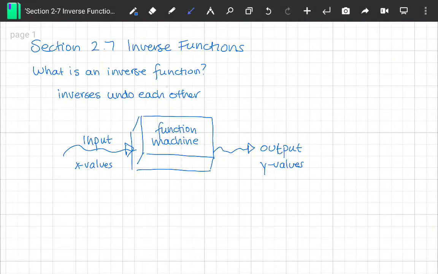But if an inverse is going to undo what the function machine does, our y values become the new input and our x values become the new output, because now we're going this direction. It's like the x and y values have switched roles.